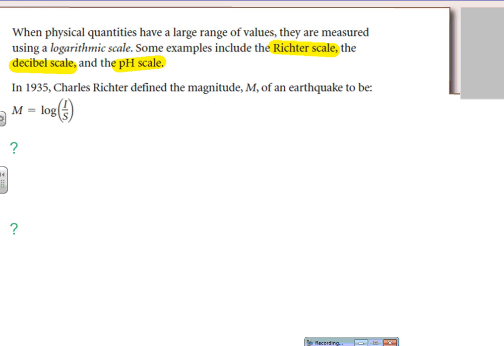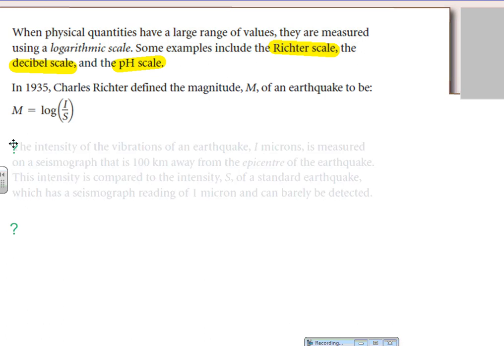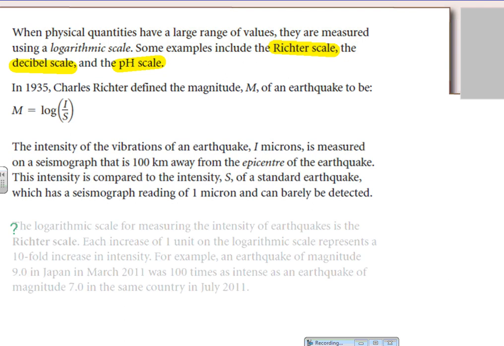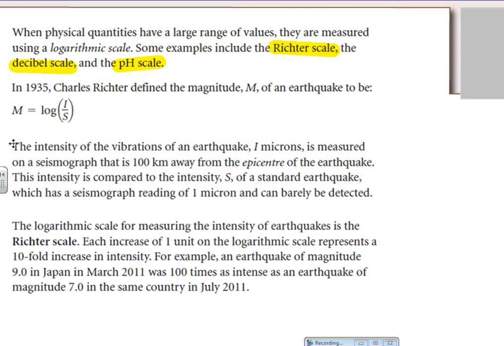So Richter developed this formula. I'm not going to read all this for you. It is in your book there. You just need to know how to work it. What you need to know is that one movement up the Richter scale is 10 times more intense. So if an earthquake is a 6 on the Richter scale, going to a 7 is 10 times more intense.